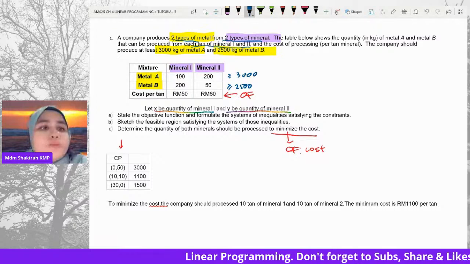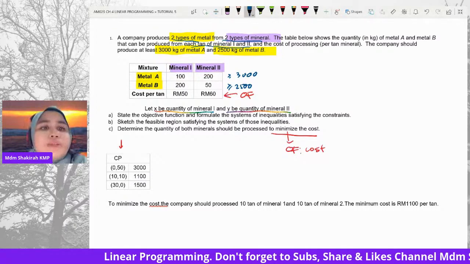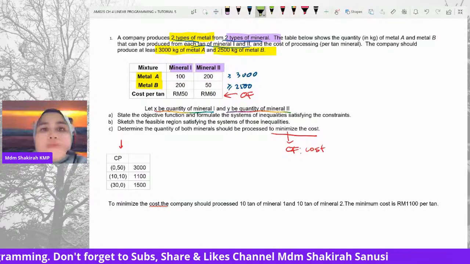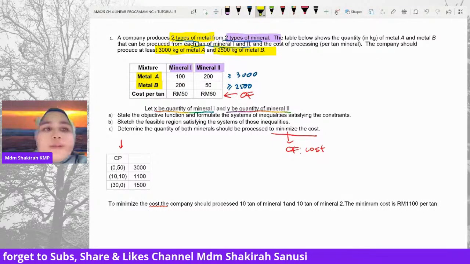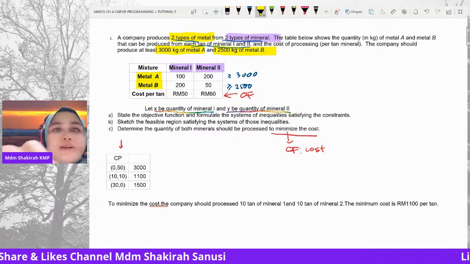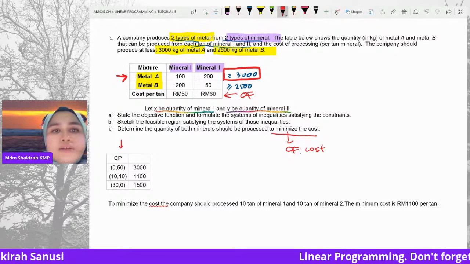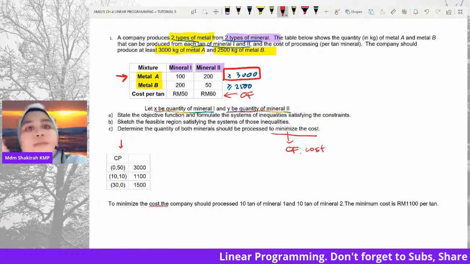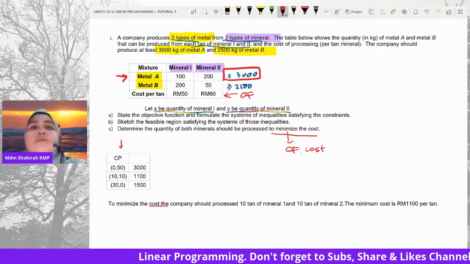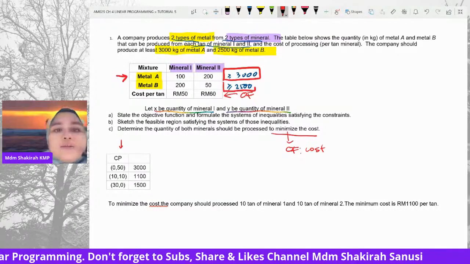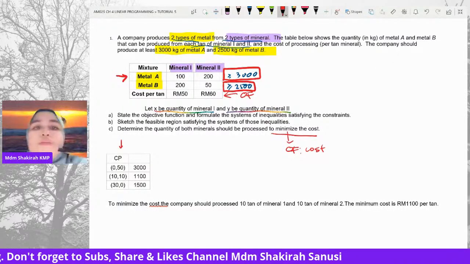The company should produce at least 3,000 of metal A. When it says 3,000 there, put it directly in the table. Where? It is about metal A, so put it under metal A. At least means must produce a minimum, so greater or equal to 1,000 and greater or equal to 2,500.